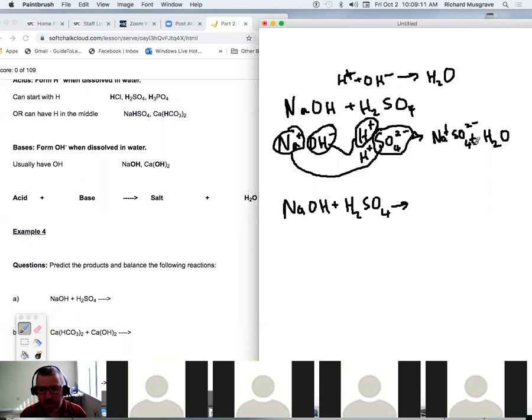So I look at the Na plus SO4 2 minus, and I know that it needs to be Na2SO4. The reason for that is because I'd be asking myself the question, well, how many of each do I need to make that balance out? So I need to have the positives match the negatives in every single case, plus water. So there's the other point of confusion. People wonder, well, look, how can you just pull a sodium out of the air?